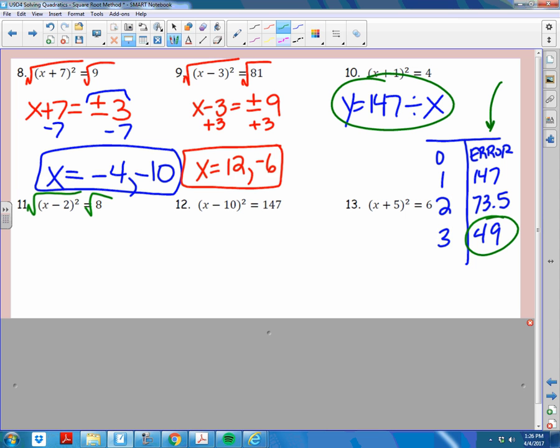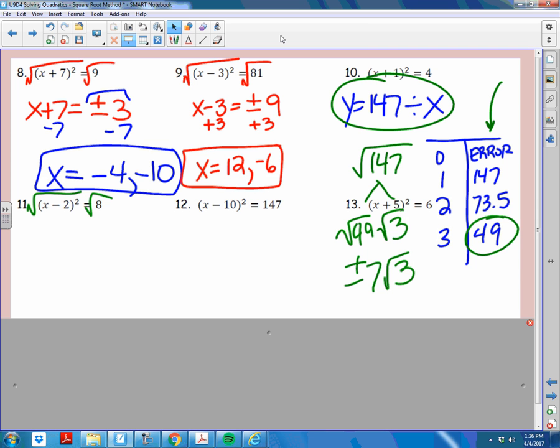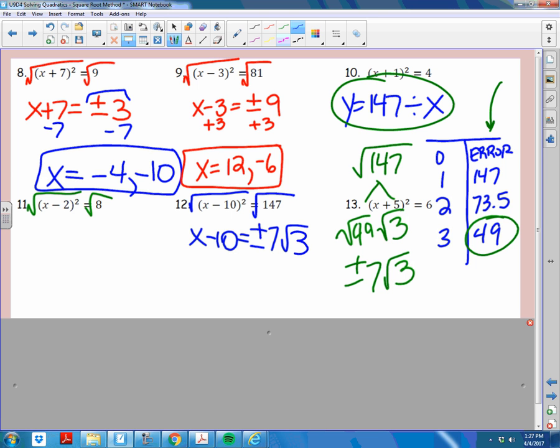Now what that means, guys, is the square root of 147 breaks down to the square root of 49 times the square root of 3, correct? Which is positive or negative 7 times the square root of 3. So let's go back to our problem. We take the square root; the square root of x minus 10 squared is x minus 10. We already know the square root of 147 is plus or minus 7 times the square root of 3.